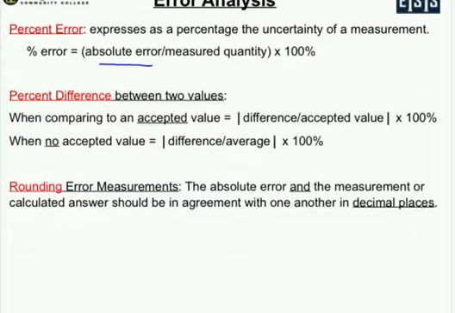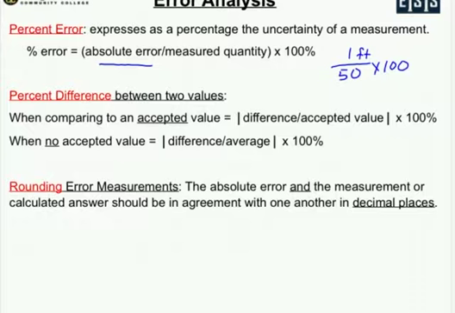So for the example we did before, we had 50 feet plus or minus 1 foot. That absolute error was 1 foot divided by the 50 feet times 100. And that'll give you a 2% error.